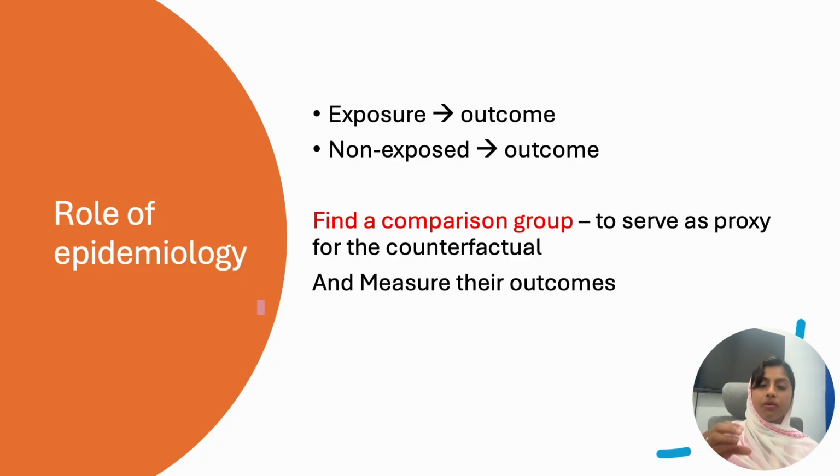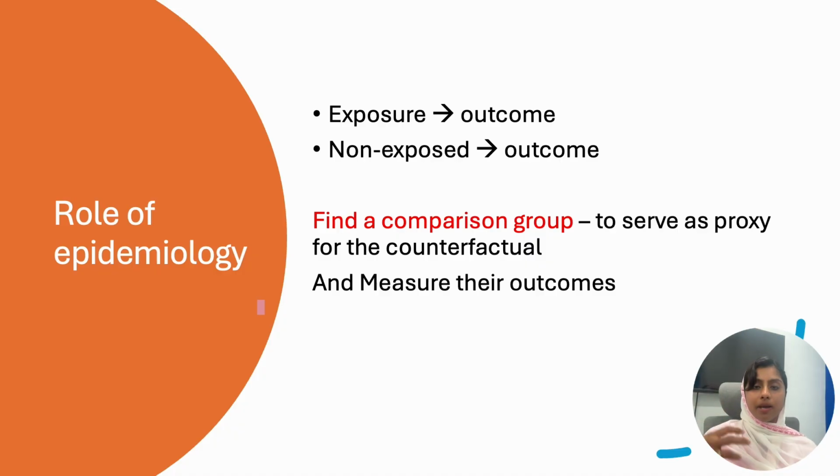Next, coming to the role of epidemiology. In epidemiology, we are trying to find a comparison group which will act as a proxy for this particular scenario. We have the factual outcome, where you have the exposure and then the outcome, and we also have the counterfactual outcome, a scenario of what would be the outcome if the person was not exposed.